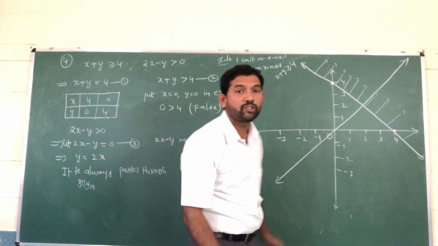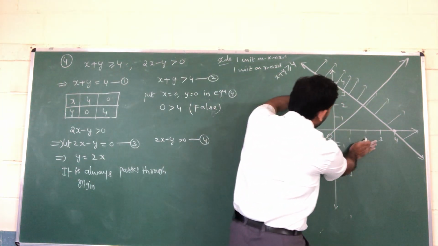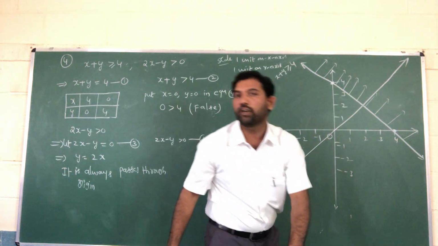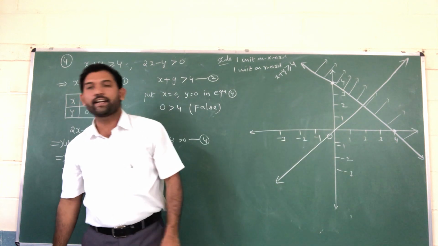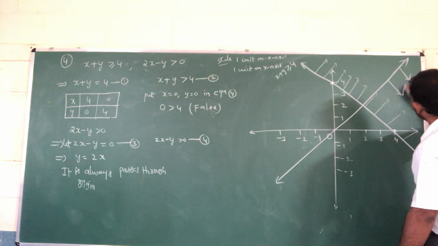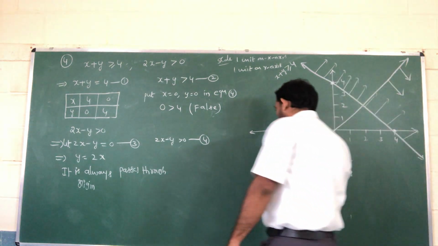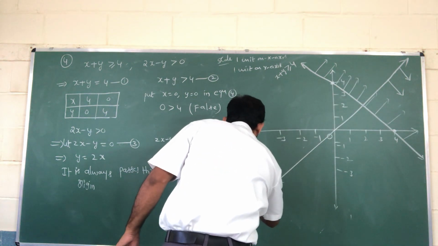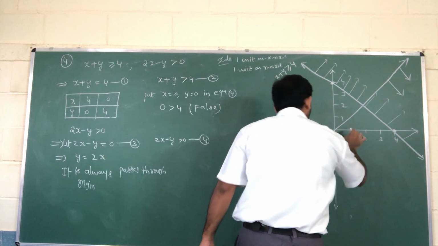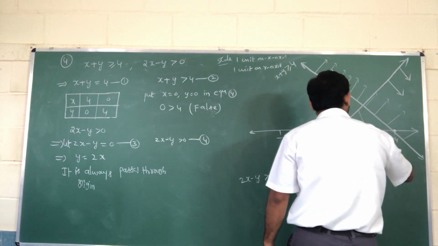Greater than 0 means where we have to shade. So here one solution is there, here one solution is there. Greater than means below the line you have to shade. So this is 2x minus y greater than 0. Below the line you put arrow marks.